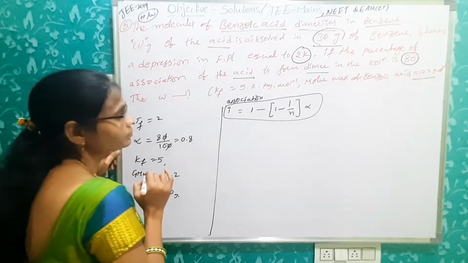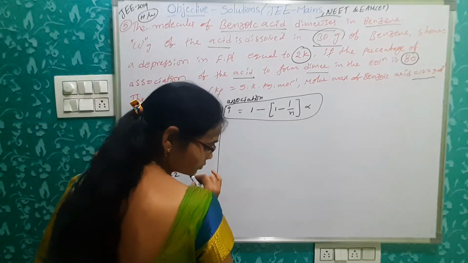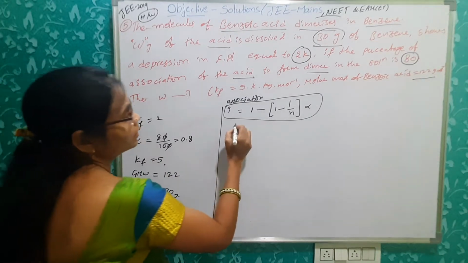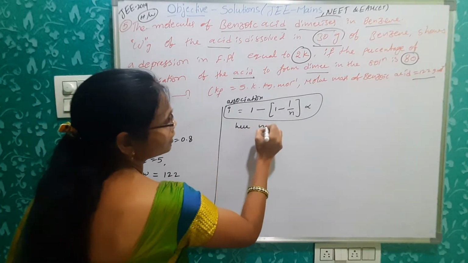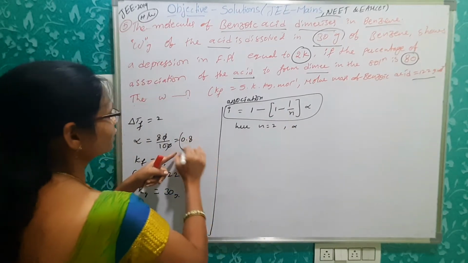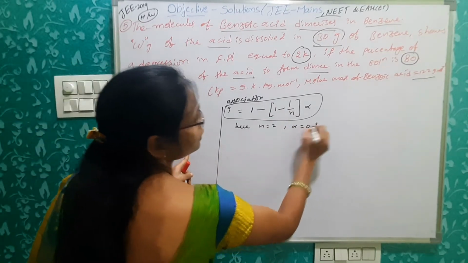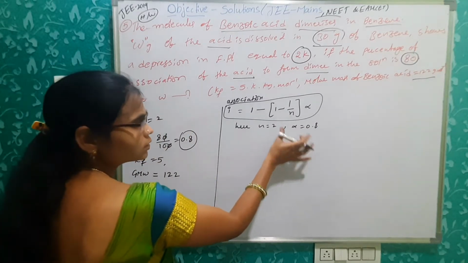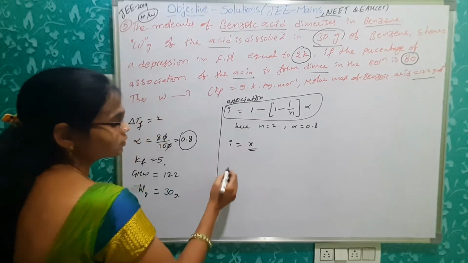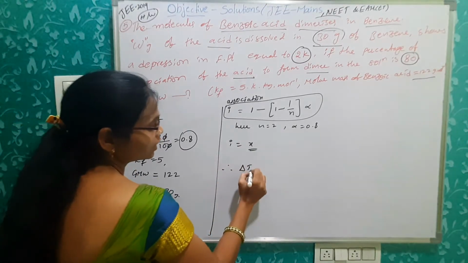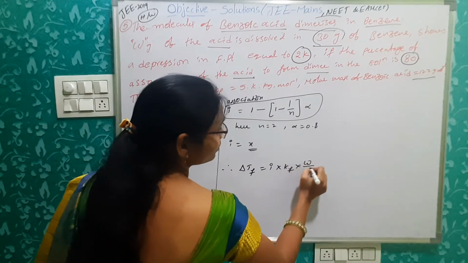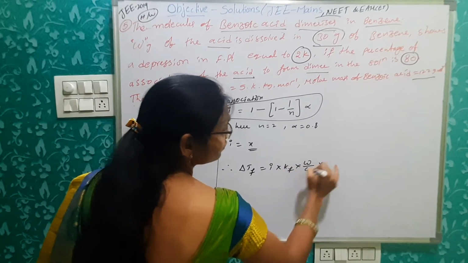Here n is equal to 2, dimerization means 2. Alpha is equal to 0.8. By substituting these values we will get the i value.